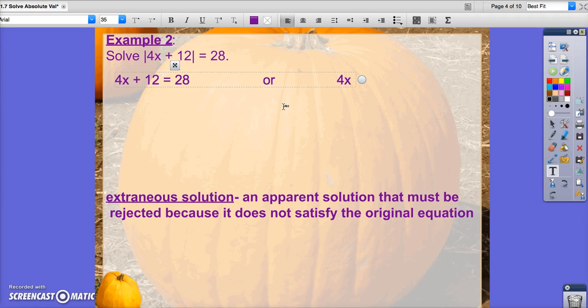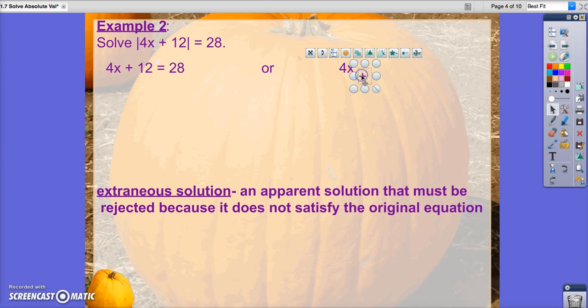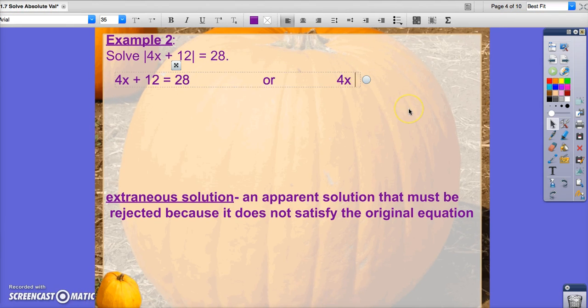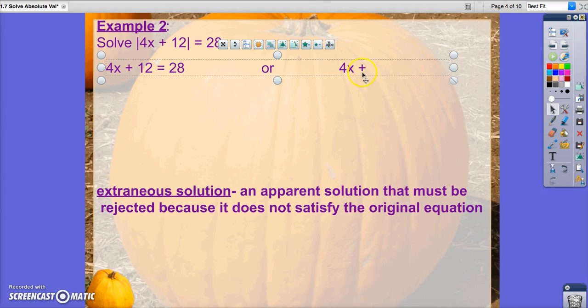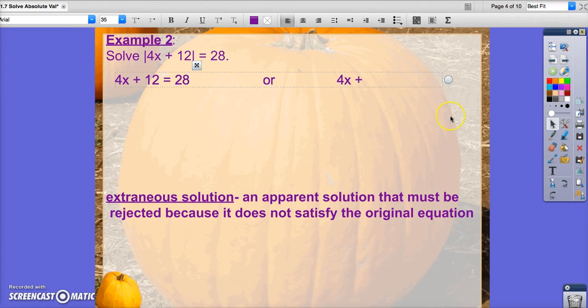Then I keep it as 4x plus 12 equals 28. Once again, you're changing the sign of the single number off to the right.